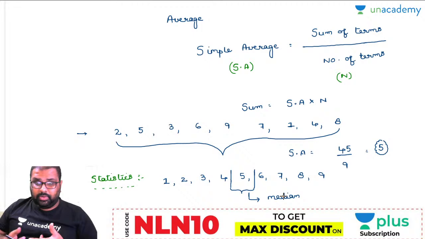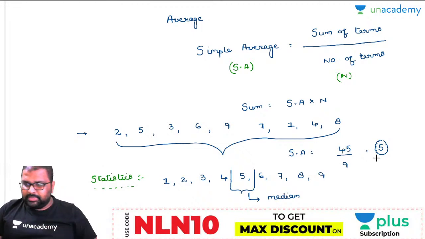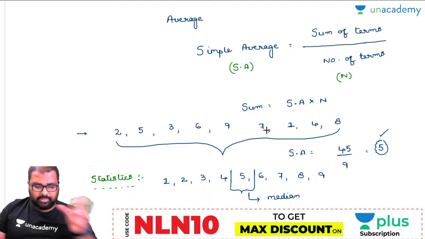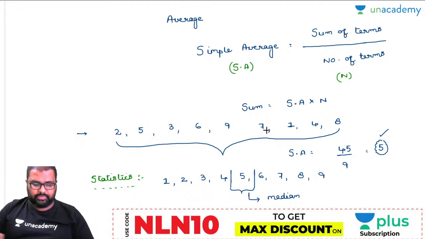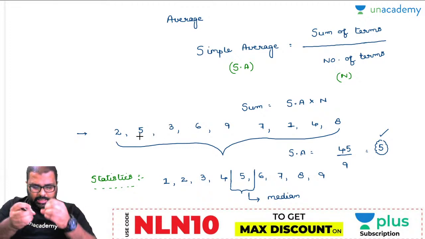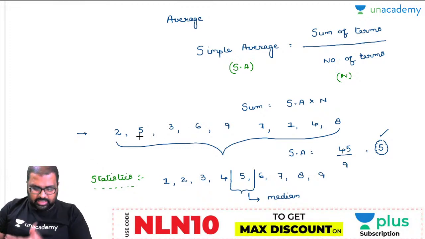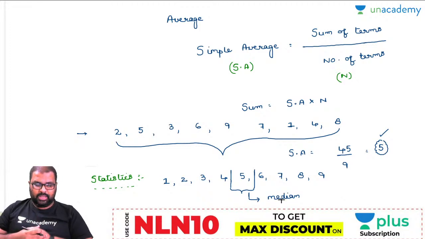Arey yaar, now look, in simple average you call the same 5 as simple average; in statistics class you are calling the same 5 as median. So you have not done anything there, right? You didn't add the numbers, you didn't divide the numbers, you didn't find out anything, but you got the answer median there. Is this nothing but refinement of approach?